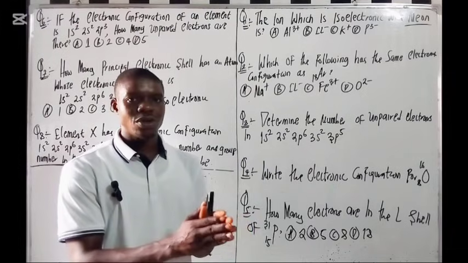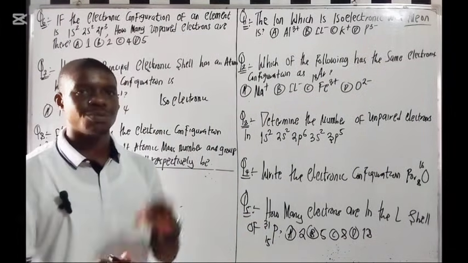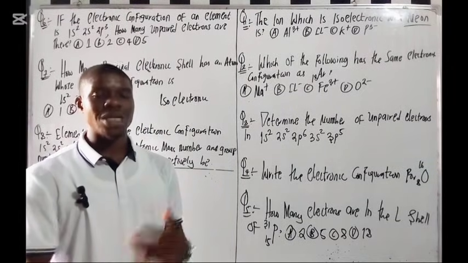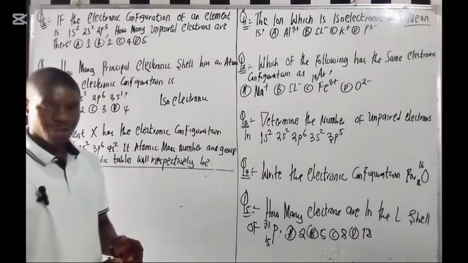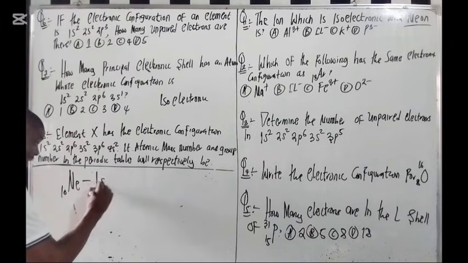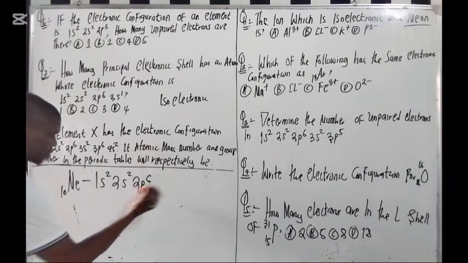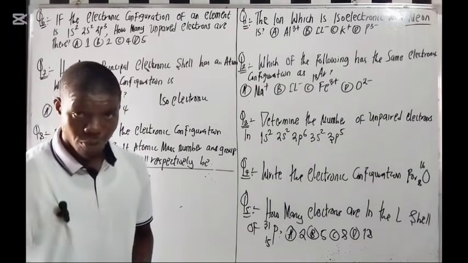They are stable elements, so they don't react at the beginner stage, but as we move on, we find out these elements react under some conditions. So the electron number of neon is 10. If you want to write the electronic configuration, it's going to be 1s2, 2s2, 2p6. When I write the electronic configuration, I use the electron number.